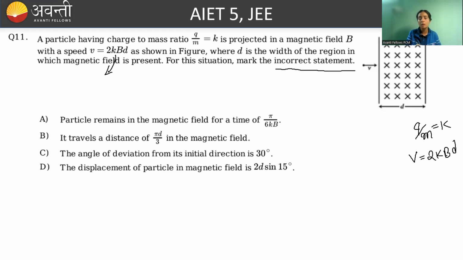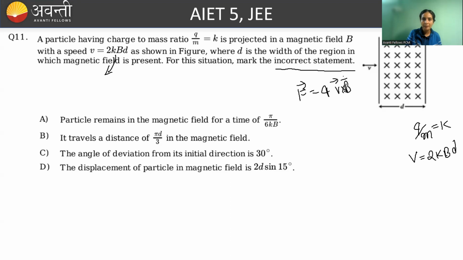But before we move on to these statements A, B, C, D, we just need to figure out what will happen if the charge enters the magnetic field, how it will move inside, what sort of trajectory it will follow. We all have studied that when we leave a moving charged particle in a magnetic field, it experiences a magnetic force, and its value is given as what?